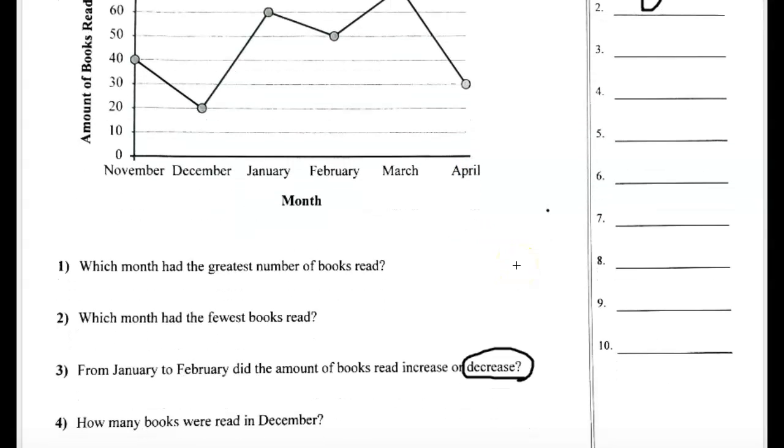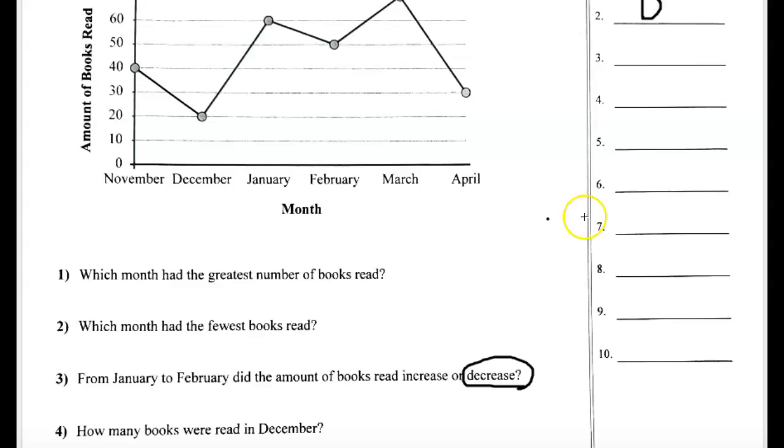How many books were read in December? You're going to go on your x-axis and find December. Then you're going to go up to your point and across to your y-axis, and we have the number 20. Now you could circle 20, or you could write 20 in the 4 spot.